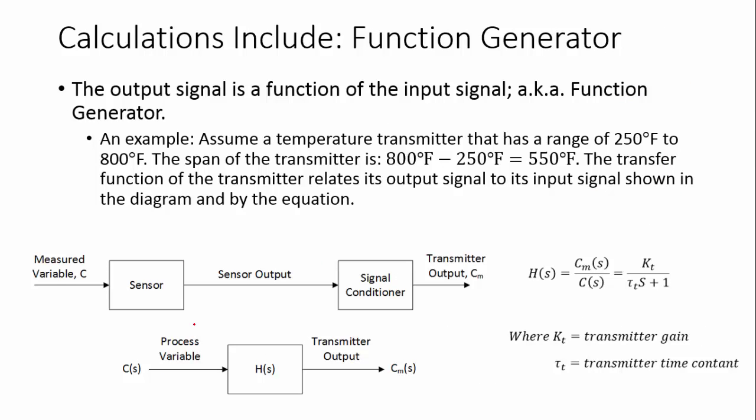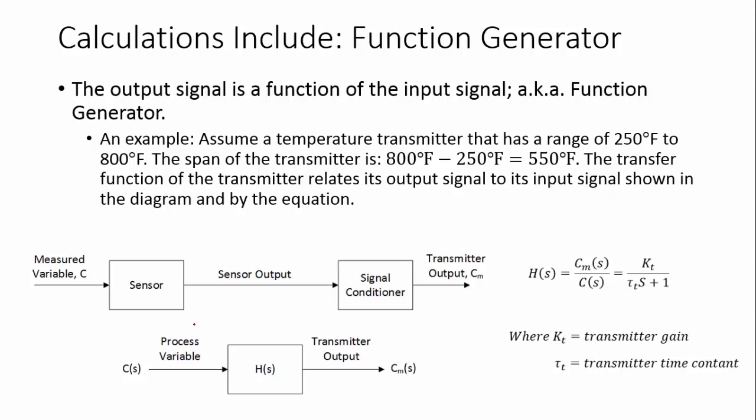Yet another function is called a function generator. I never actually heard this term before I read this text. However, automated systems and process control use devices that create an output signal that is a function of the input signal.